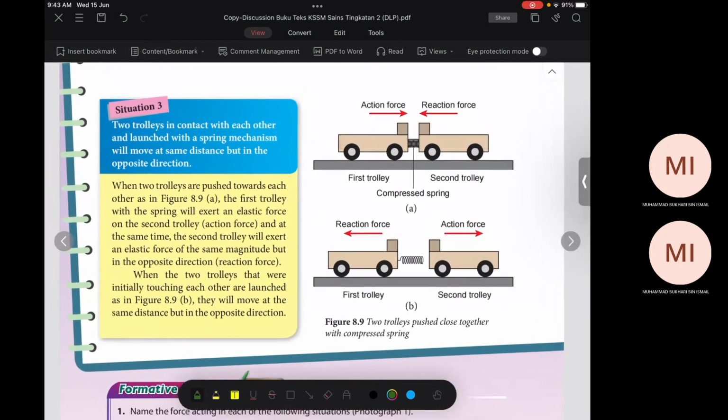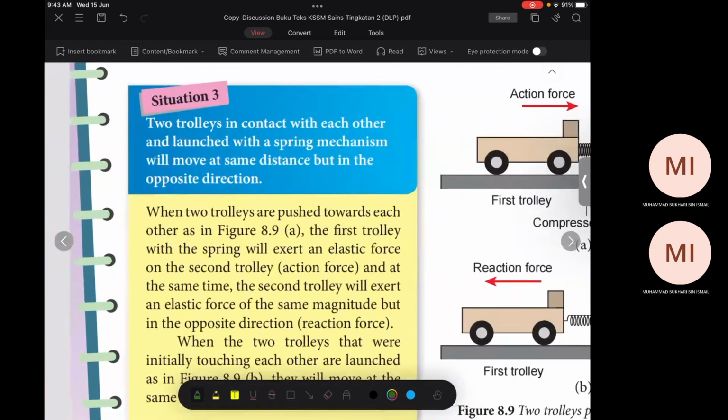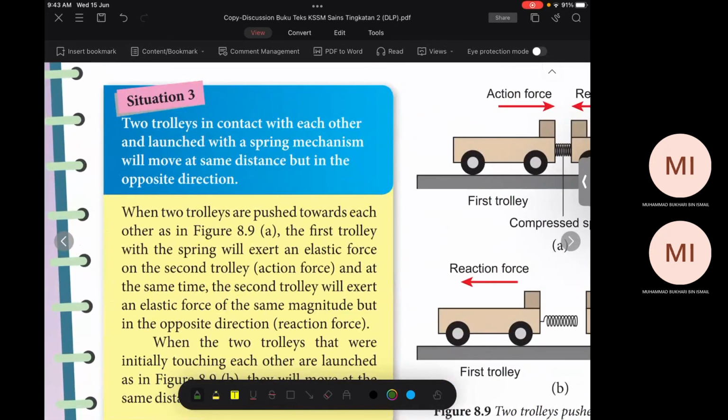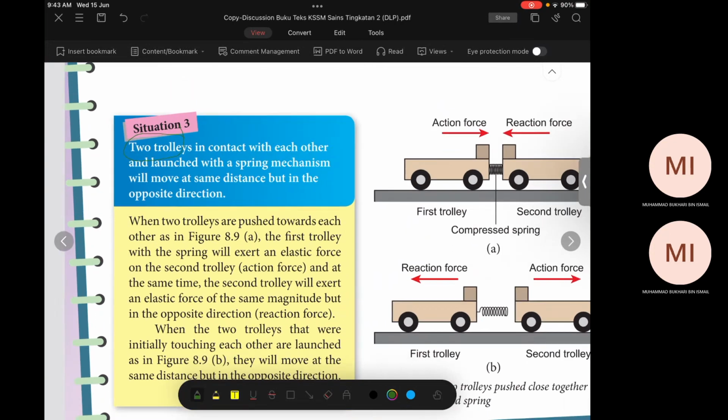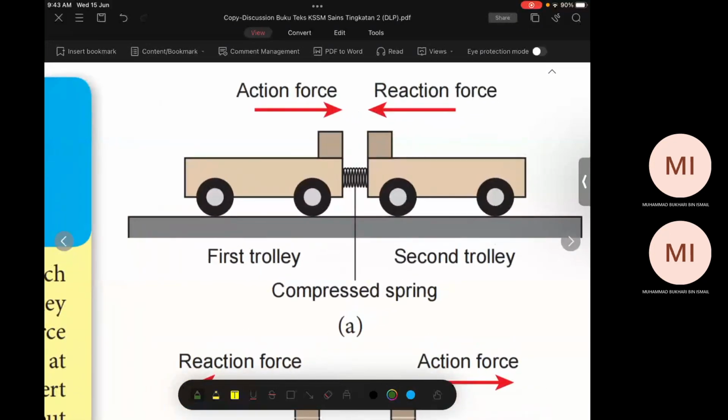Okay. The next thing is two trolleys. Two trolleys in contact with each other and launched with a spring mechanism will move the same distance but in opposite direction. Now you have the first trolley and second trolley. And can you see the spring here? The spring is compressed.